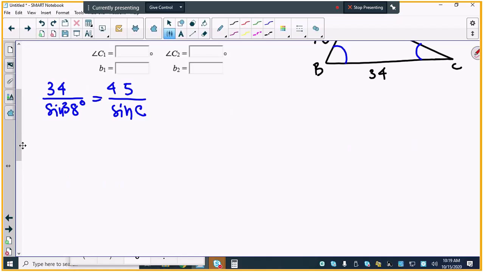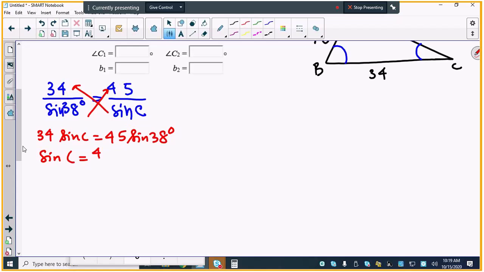So again, if you remember, what we did is cross multiplication. So we get 34 sine of C equal to 45 sine of 38 degrees. So sine of C is 45 sine of 38 degrees over 34.